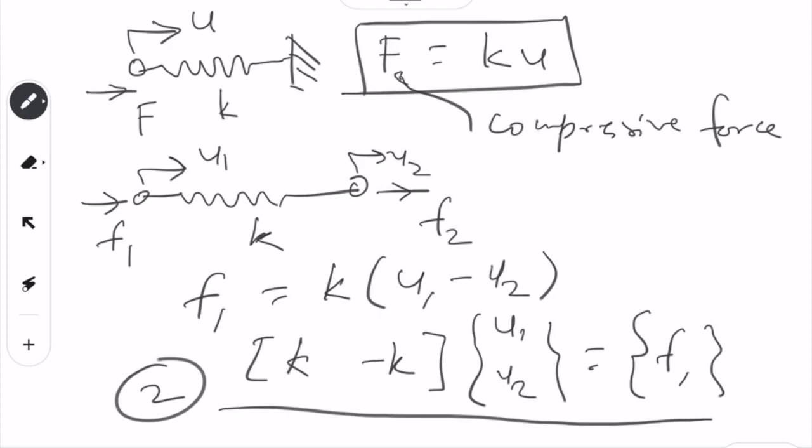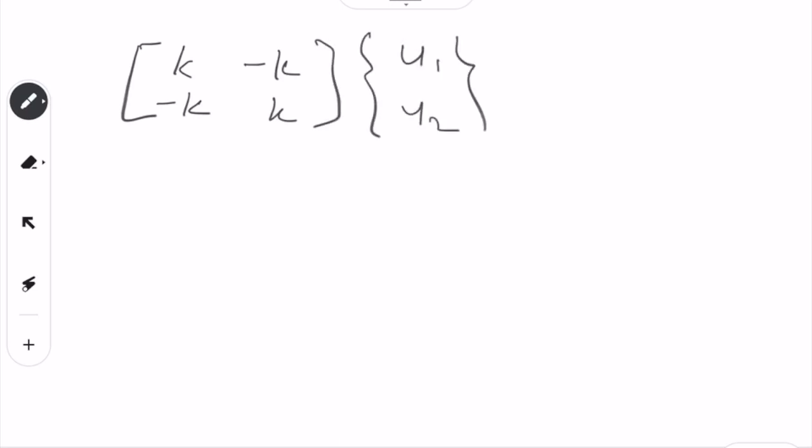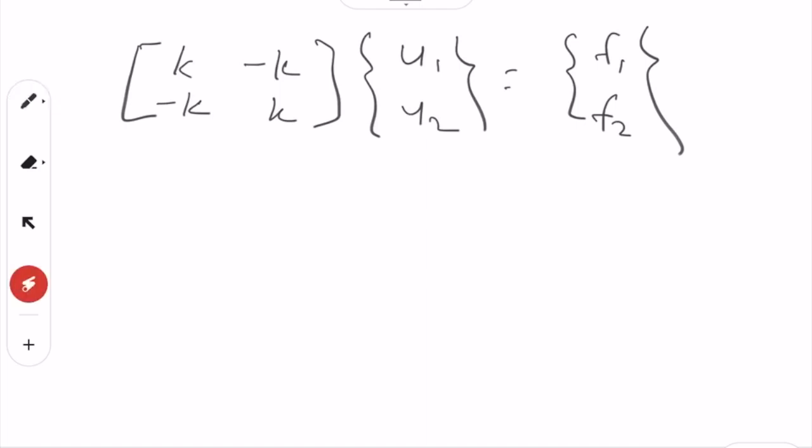We are going to combine them, and our equation becomes k, minus k, minus k, k, and then u1 u2 is equal to f1 f2. So the first equation, this multiplied by this is equal to this, and the second equation, this multiplied by this is equal to this.